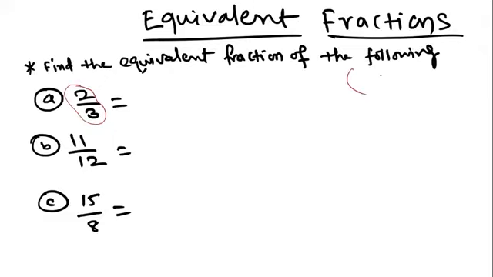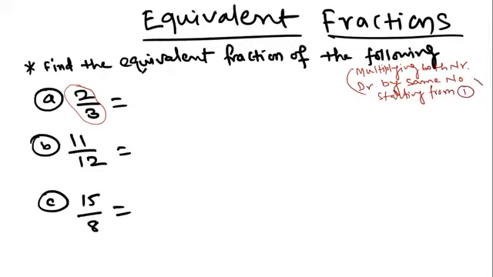Look here, I will write here: multiplying both numerator and denominator by the same number, starting from 1. So this you have to remember. This is the very basic thing that is given in mathematics, how we will find the equivalent fraction of any particular fraction.